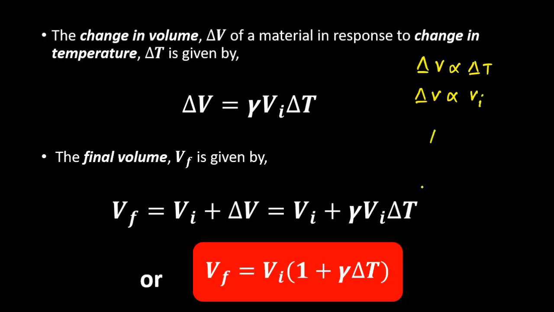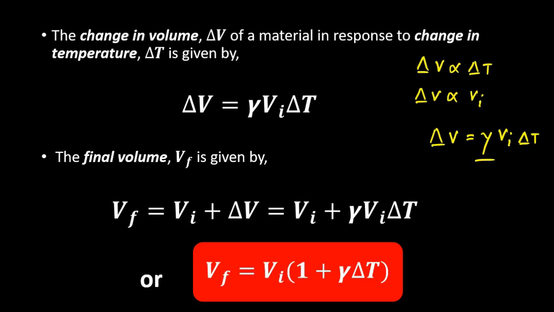So if we combine these two, we get the increase in volume is equal to gamma Vi delta T, where gamma is the proportionality constant, which is the volume expansion coefficient. So the more the initial volume, the more the increase in volume there will be.